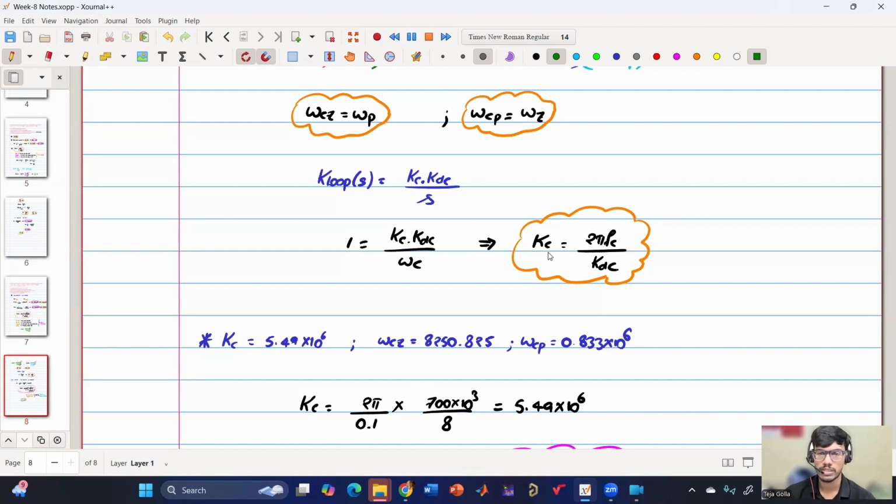So in that case we need to go for a reduced bandwidth, so reduced gain. Too much high gain may be practically not implementable, so we need to reduce the bandwidth so that the controller can work.